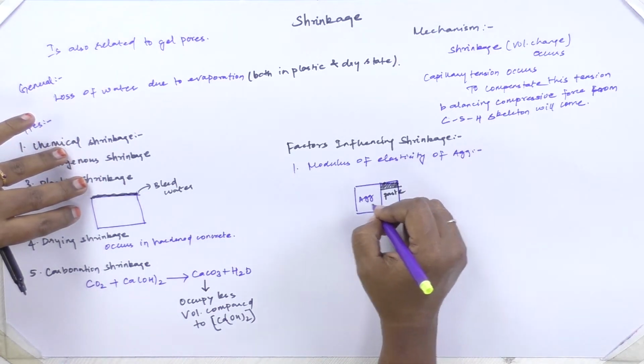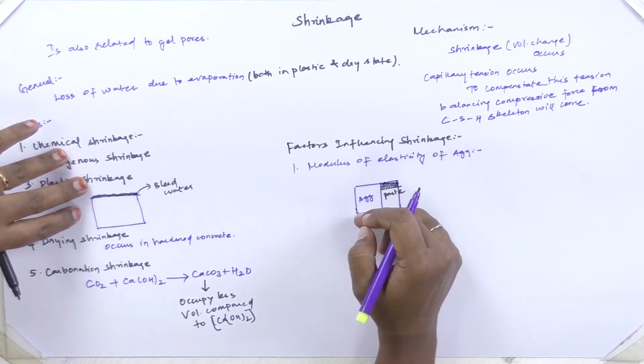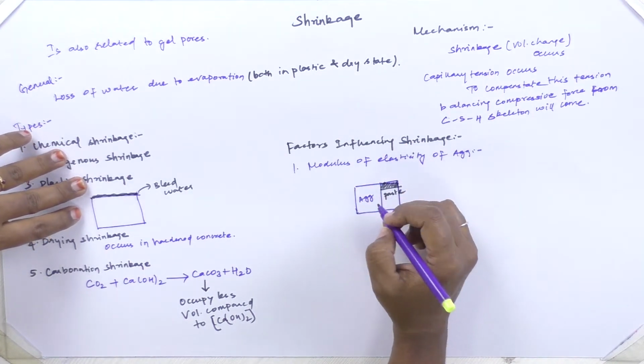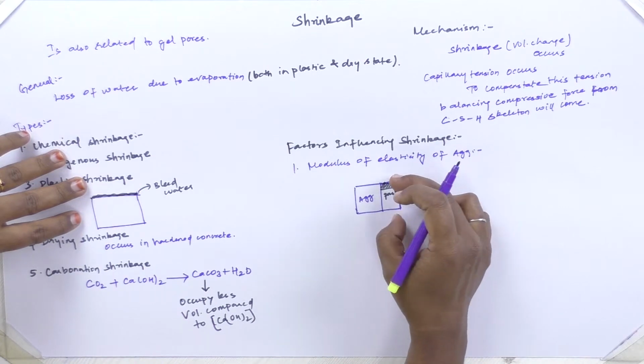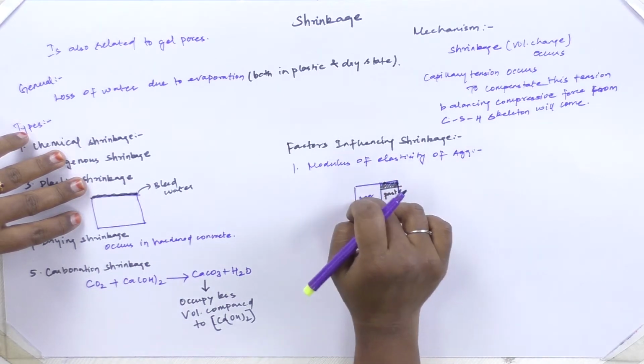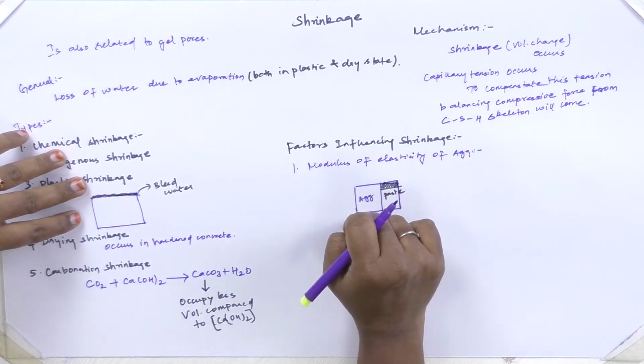If I am having a higher modulus of elasticity of aggregate, then the paste shrinkage will be restrained by the aggregate.